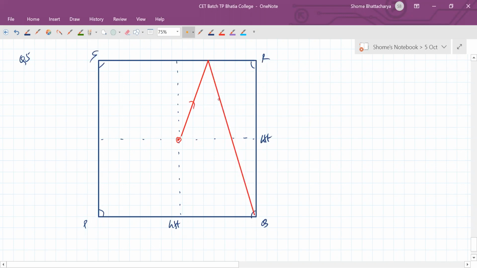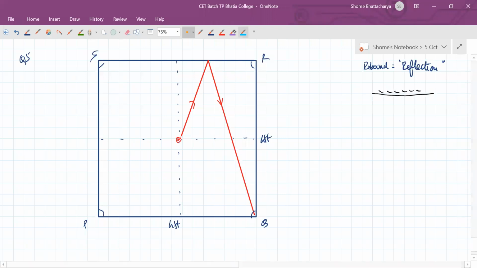Now the hint to you is that the rebound will be like a reflection of light. So it will follow this principle that angle of incidence is equal to angle of reflection.